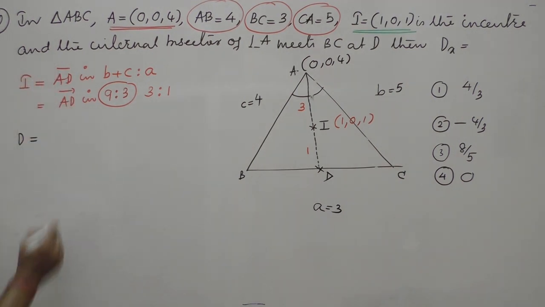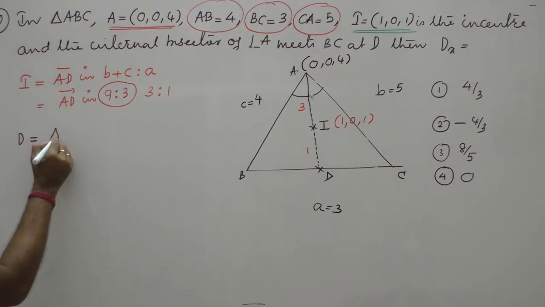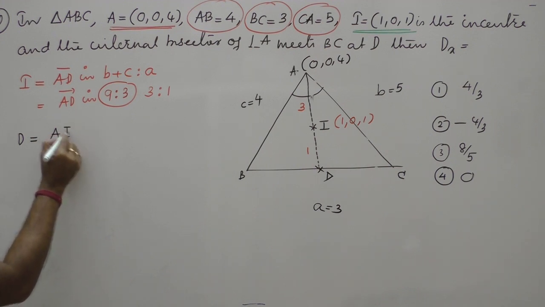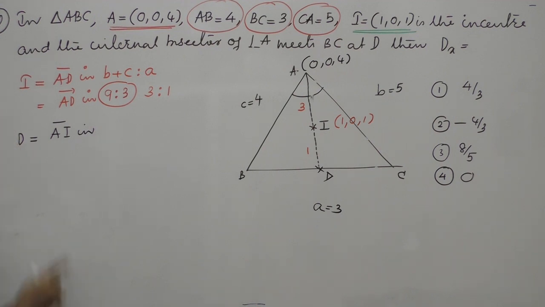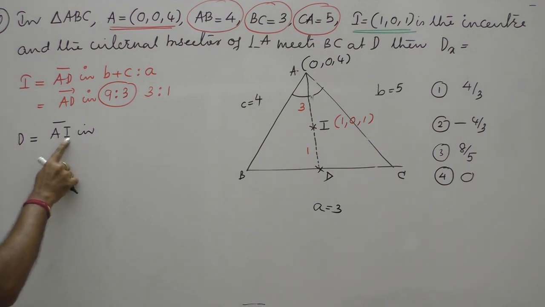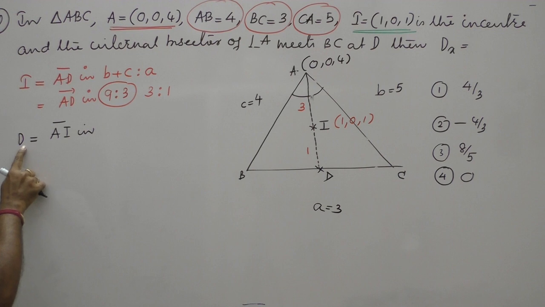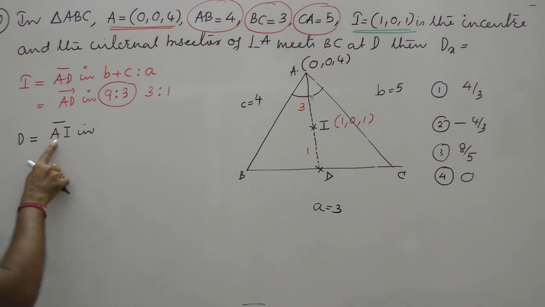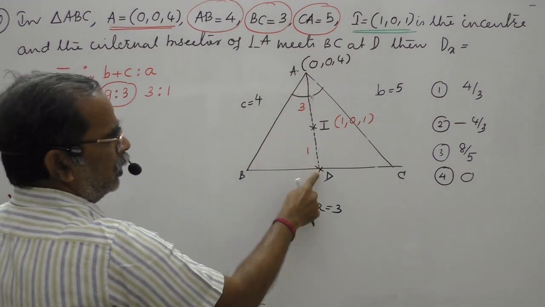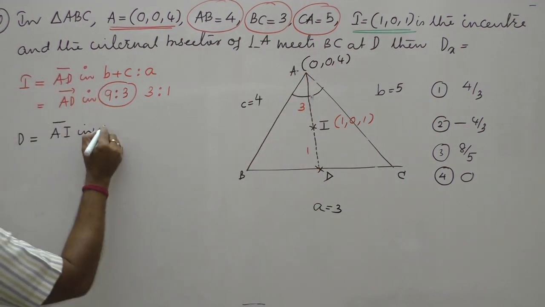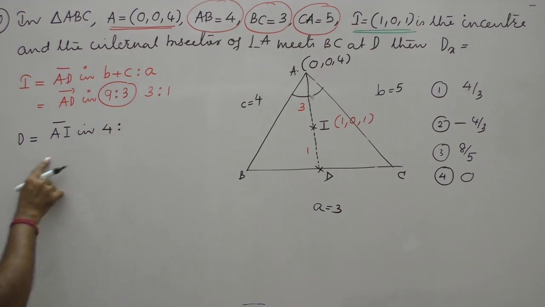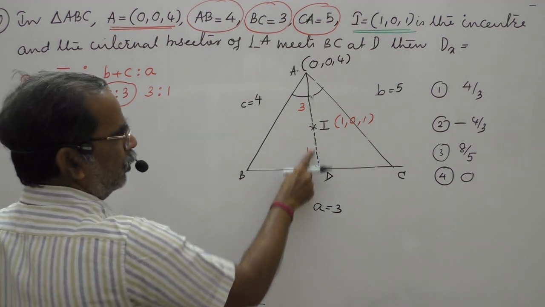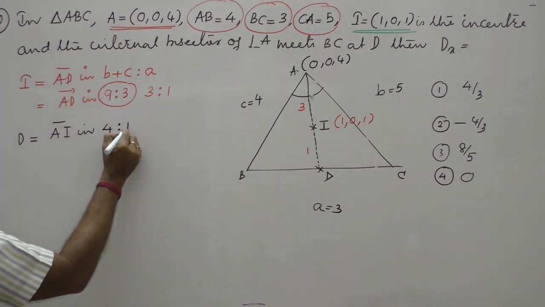Very simple. So D is a point which divides line segment AI in the ratio. How to calculate the ratio? Line segment is AI, dividing point is D. You should consider the distance from D to the first point of the segment. What is AD distance? It is 3 plus 1, 4. See carefully. Next, distance of D from the second end of the segment, 1. So 4 is to 1.